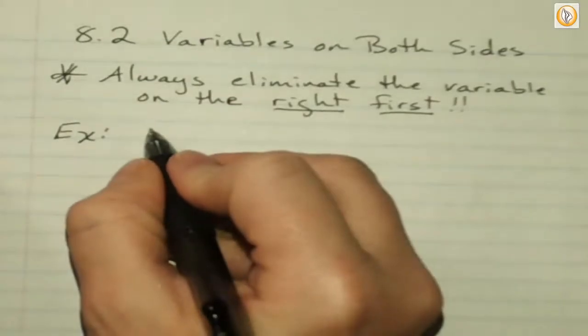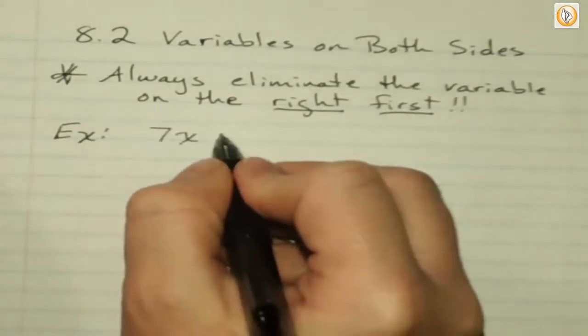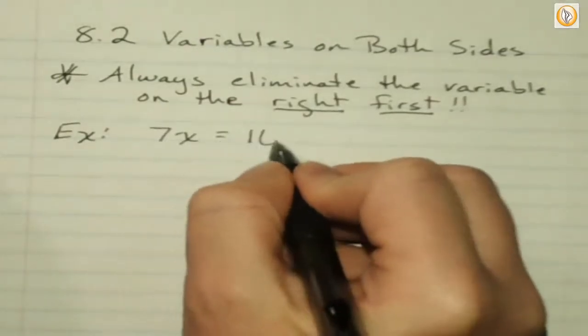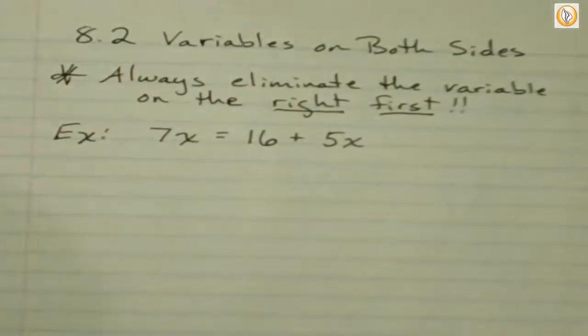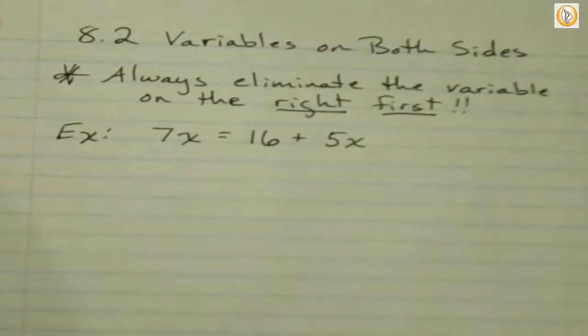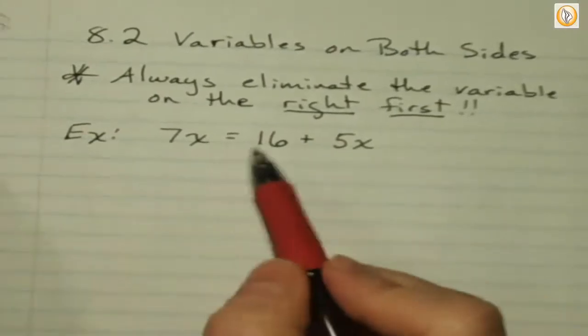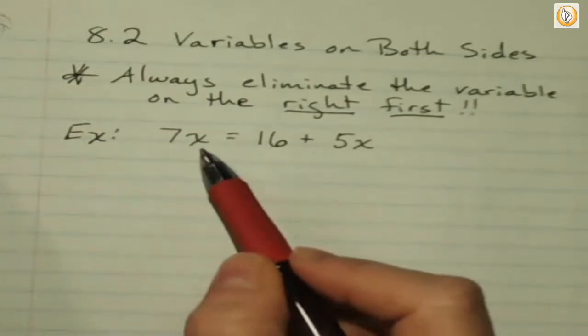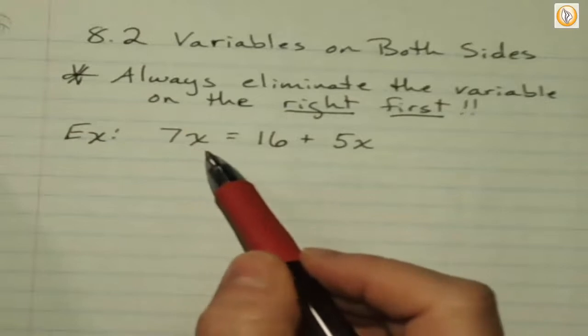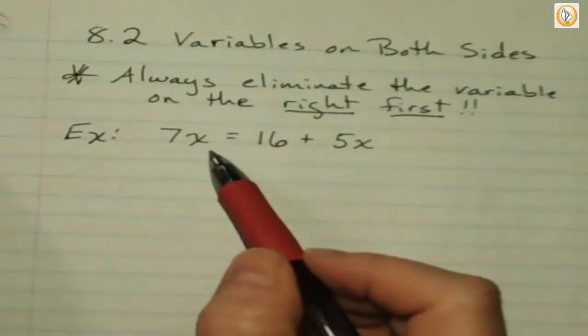Okay. Example, 7x equals 16 plus 5x. Okay. So here's your equal sign. So you know, because there's an equal sign and we've got a letter and numbers, that we're solving for x. We want to know what x is.